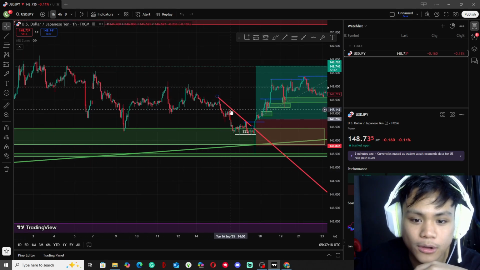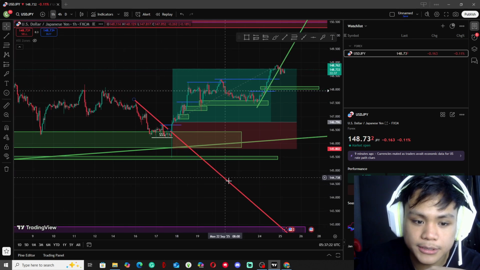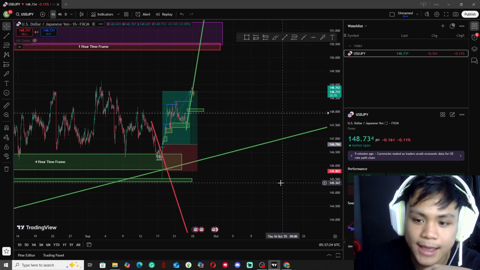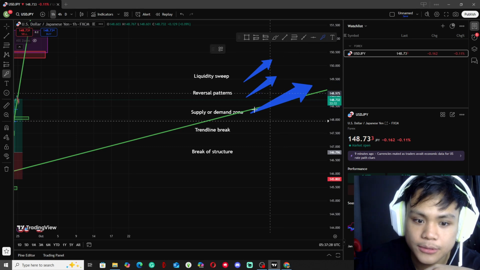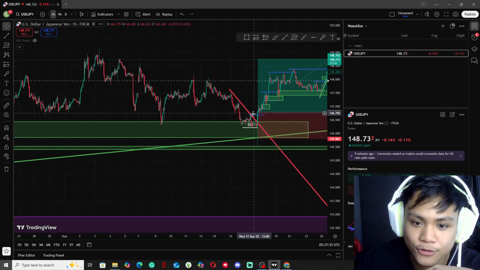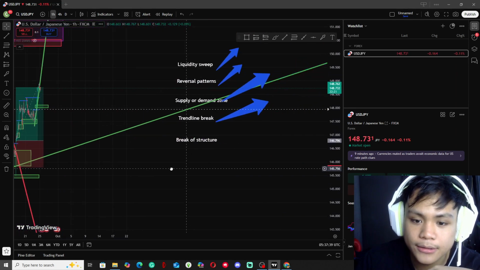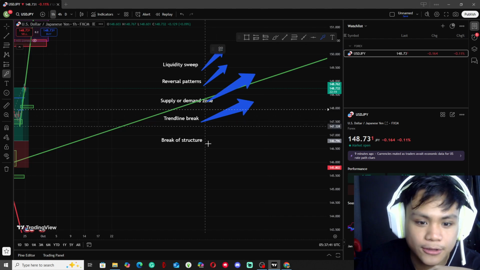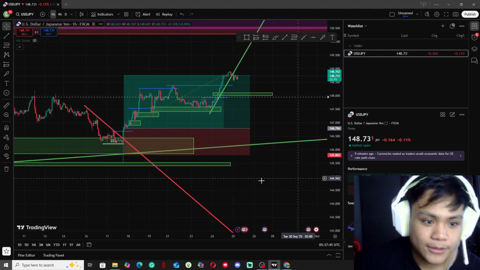You see here, 1, 2, 3 touch points, and boom, it broke the trend line. Lastly, break of structure. We see that there's a break of structure right here. So we can put a check on this. It's a perfect score. That's why I took this trade.